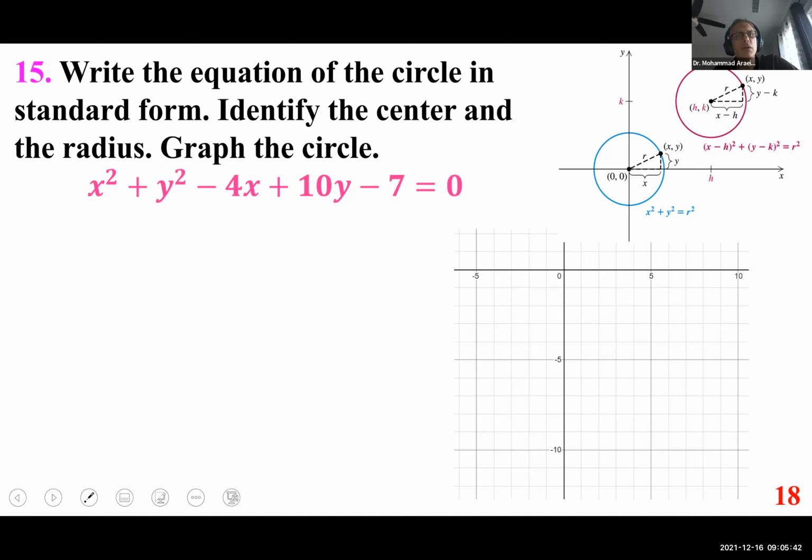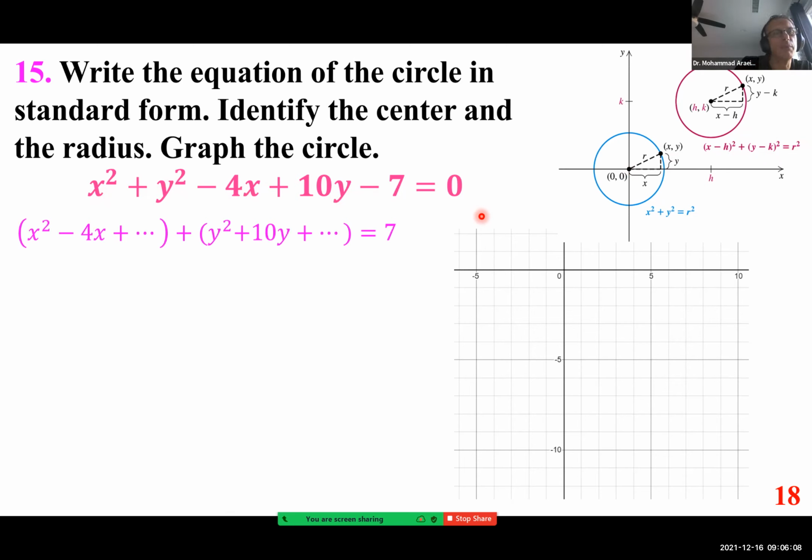Now we want to write the equation of this one in standard form, and to do so, we have to put it in this format, which means we got to come up with the center as well as the radius, and this requires the use of completing the square. Therefore, we put these two together, and we move the constant.